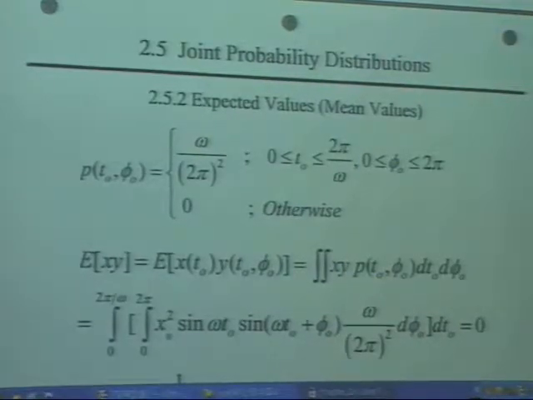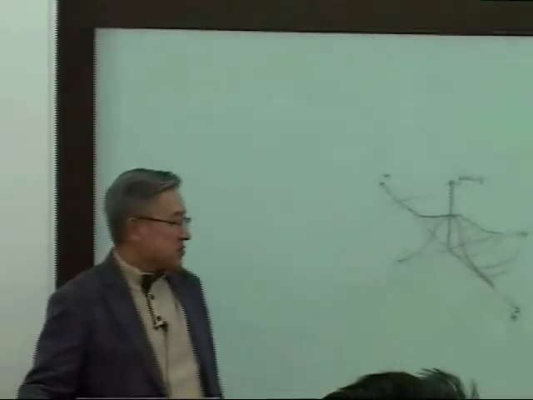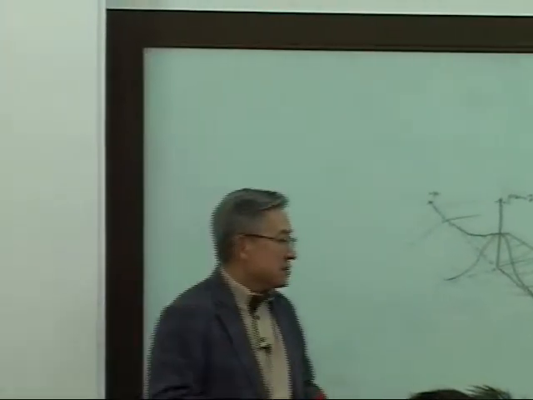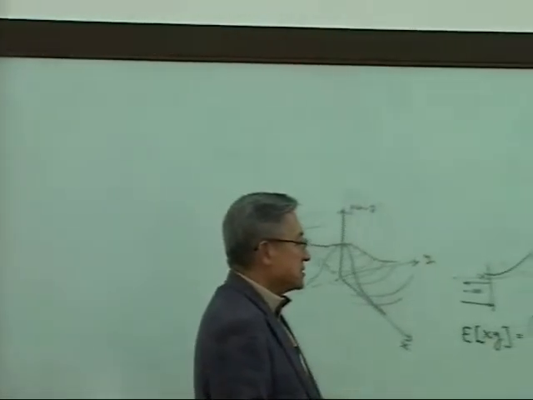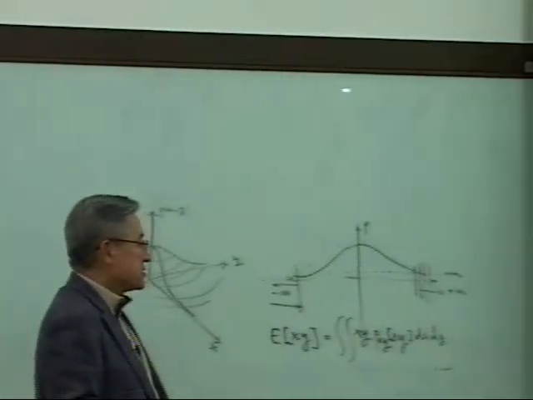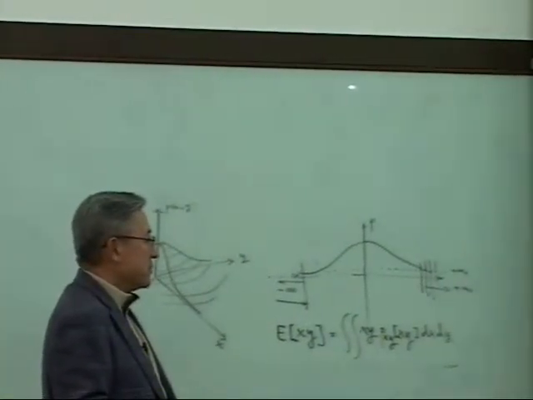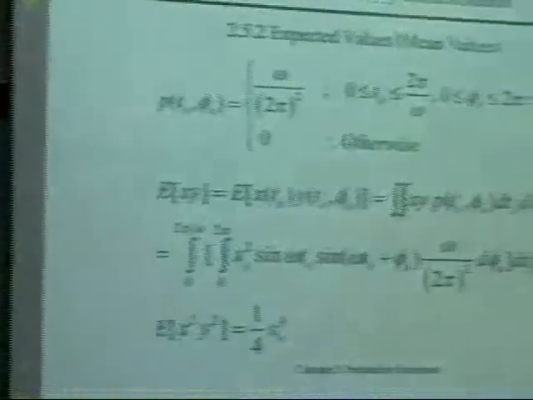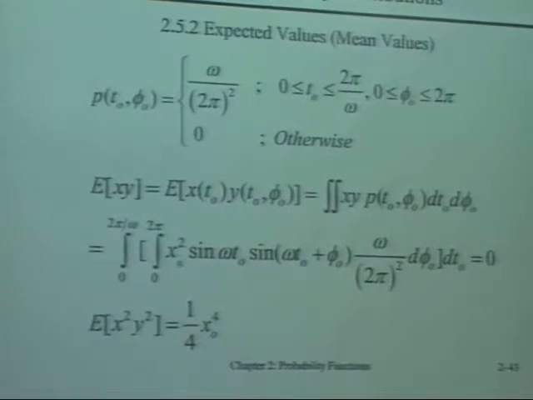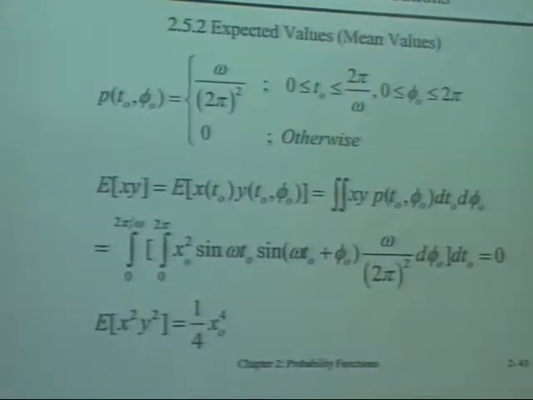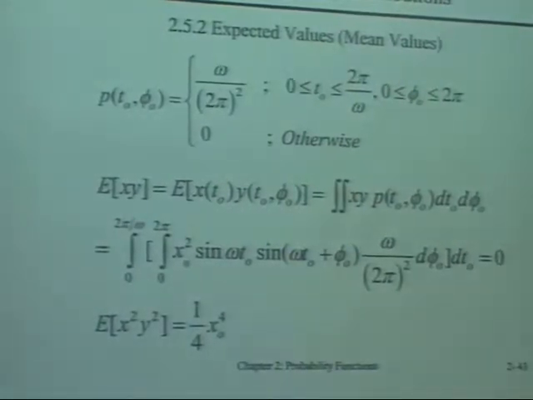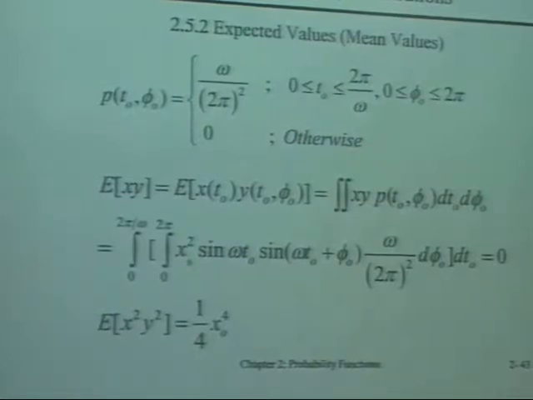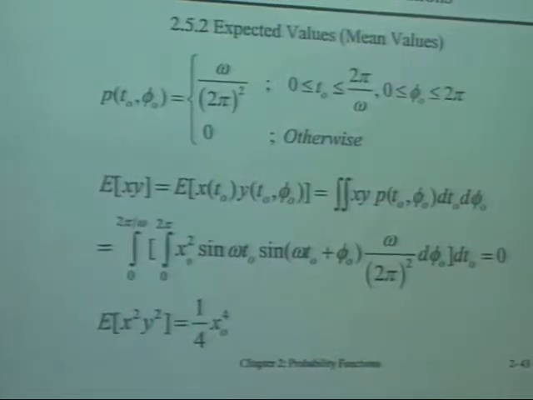Then the question is, what about the expected value of xy square? So the answer is x to the 4th power over 4. Would you do that? Don't spend more than an hour. It's not worth it. So this is the xy square situation.